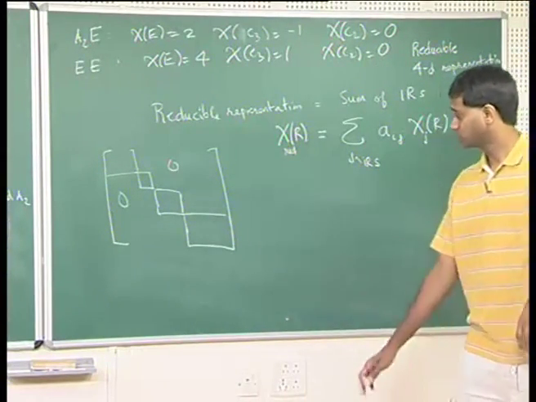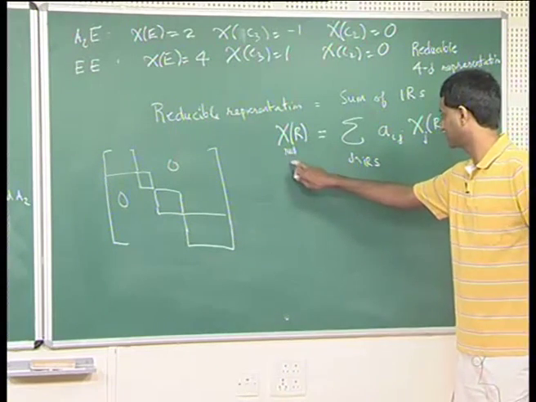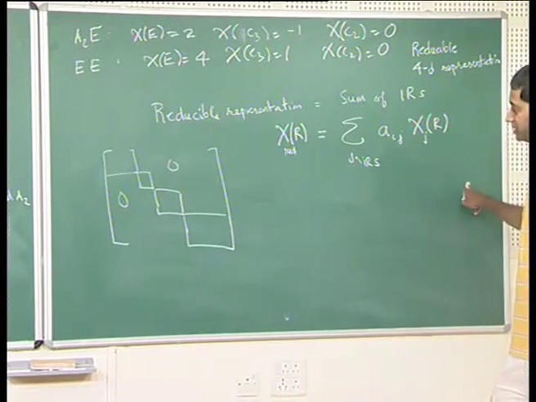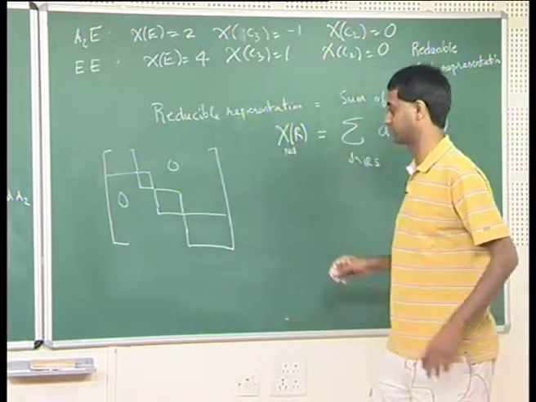So what we want to do now is look at the relationship between these and see how we can exploit the fact that you can write a reducible representation as a sum of irreducible representations, and if our reducible representation had the form of a direct product, how we exploit that.